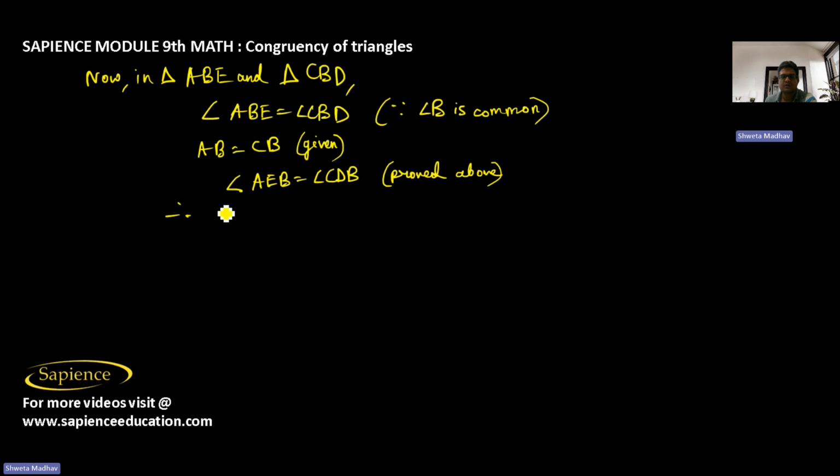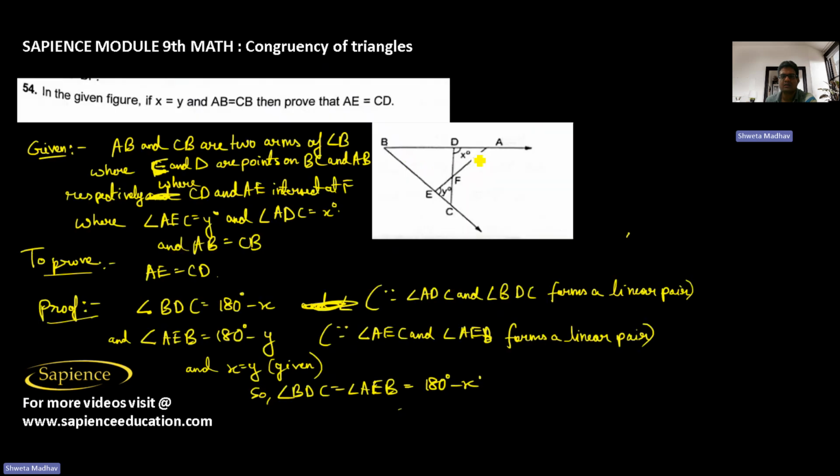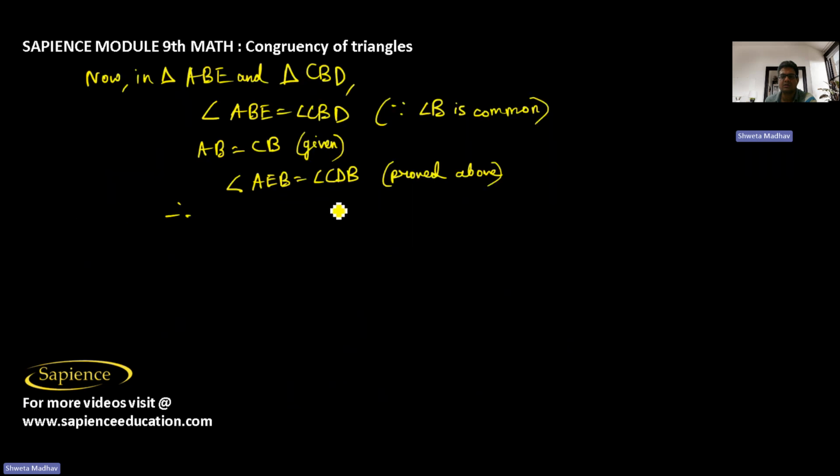So therefore I can say here, we have taken two angles and the non-included side. So it means that triangle ABE is congruent to triangle CBD by AAS rule of congruency, since we have taken two angles and the non-included side.